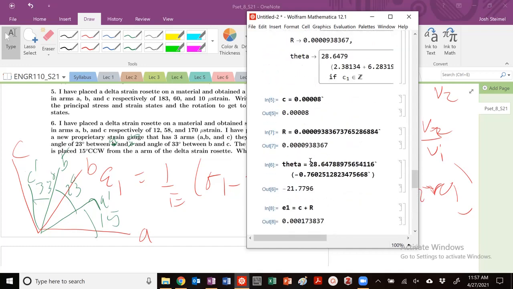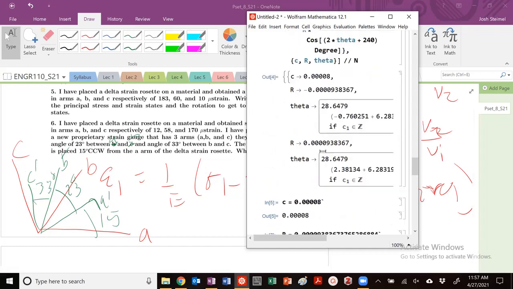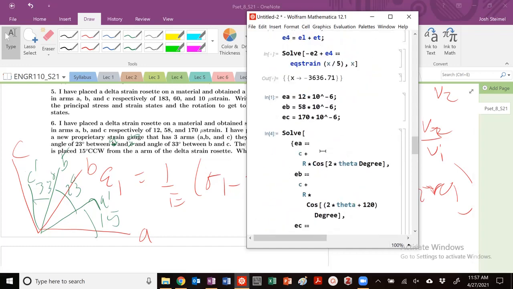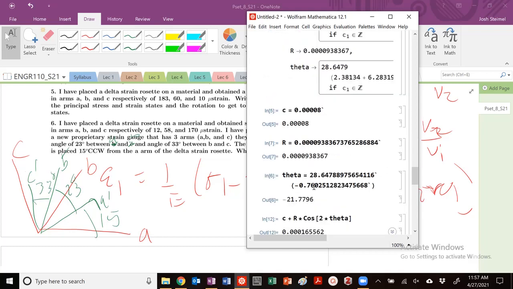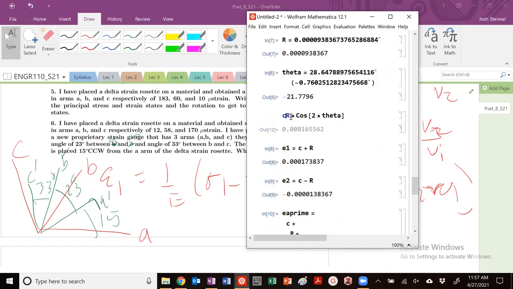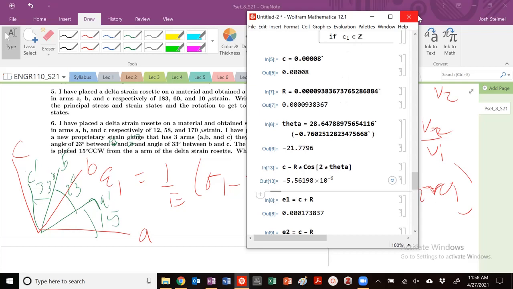So we just want that angle here, because if we choose this angle, so C plus r times cosine of 2 times theta. Actually, sorry about this. We need to do this. So actually, we want C minus r times cosine of 2 times theta in degree mode. Sorry about this. Degree. So now we get this value.